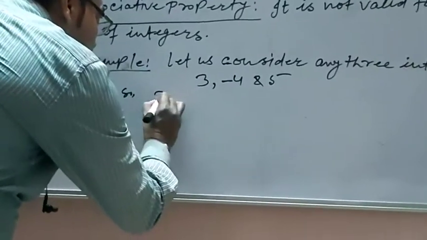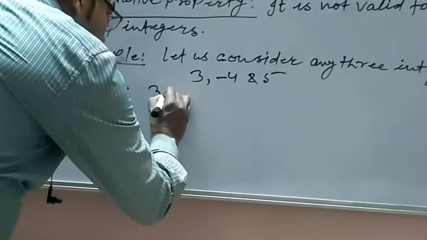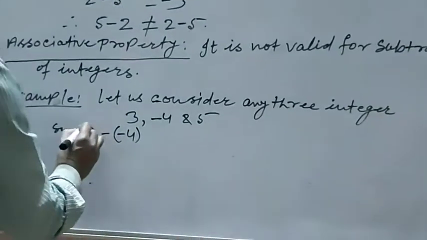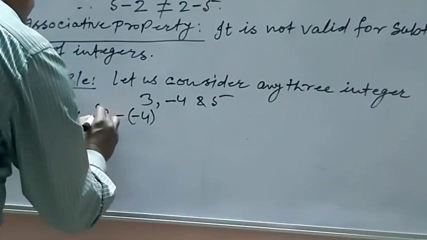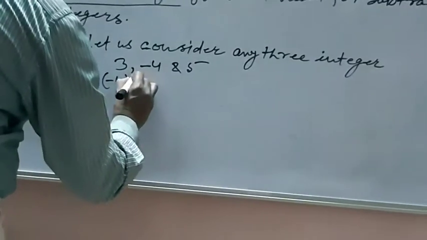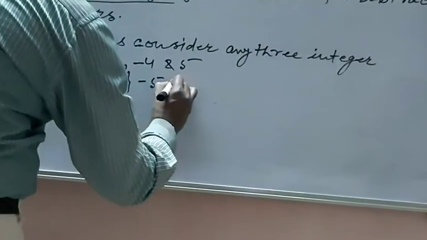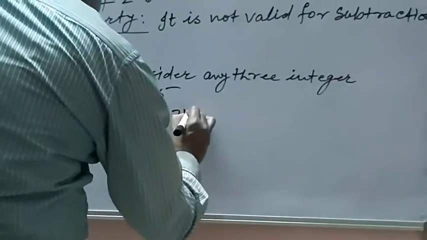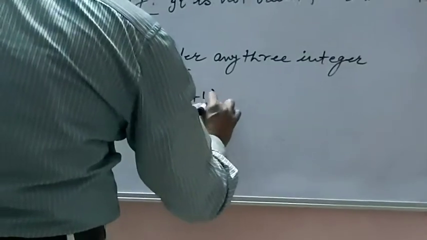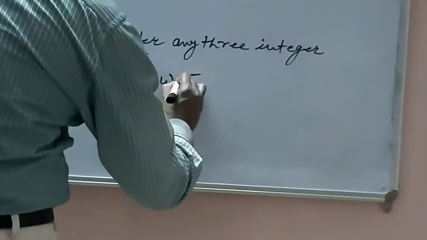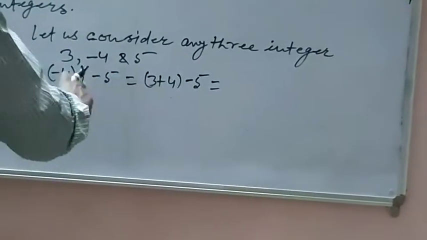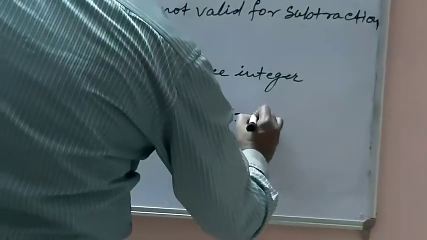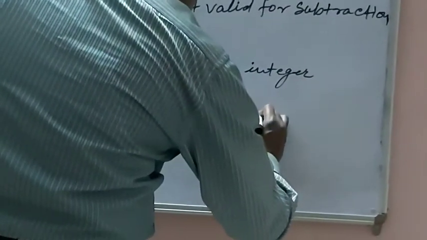So 3 minus 4 minus 5 equal to 3 plus 4 minus 5. That will be 3 plus 4, 7, and 7 minus 5 equal to 2.